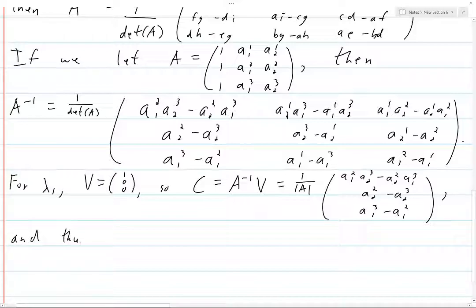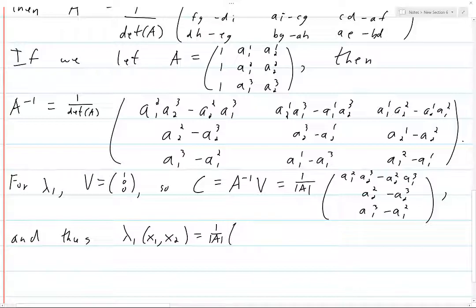And thus, the equation is lambda 1 of x1, x2 is going to be, well, we just plug in the different values of C0, C1, C2. C0 is this, and C1 is the second, C2 is the third. So we get, well, here, I'll put 1 over absolute value of A, because there's a 1 over absolute value of A outside of every coefficient, so I'll just pull that outside.